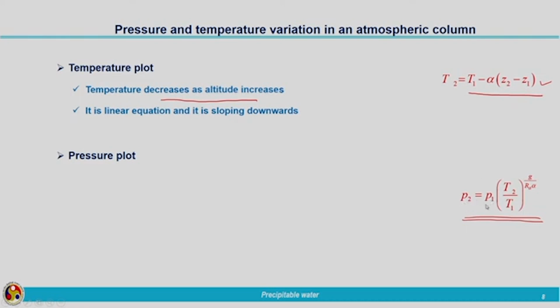So, P1 multiplied by T2 divided by T1. We have already seen that T2 is lower than T1. So, here the numerator is T2, T2 divided by T1 to the power of some quantity, multiplied with P1, you will get the value corresponding to P2. So, definitely P2 also will be lesser than that of P1.